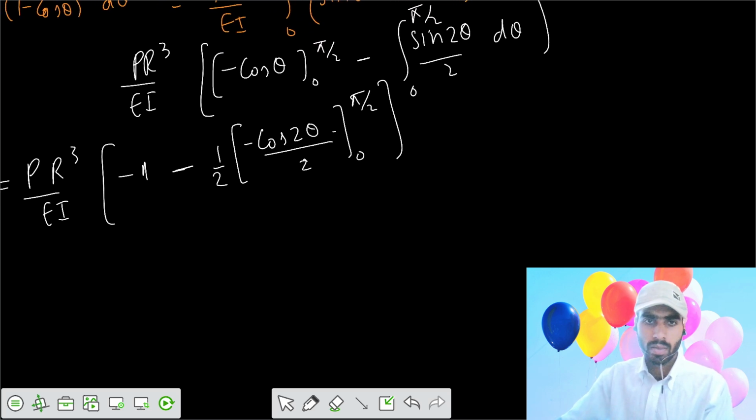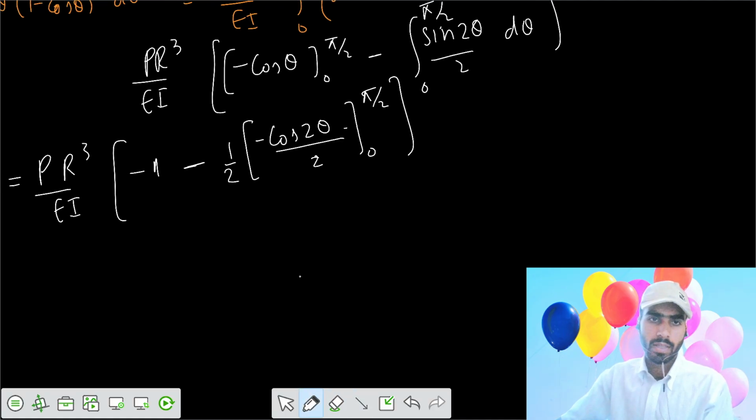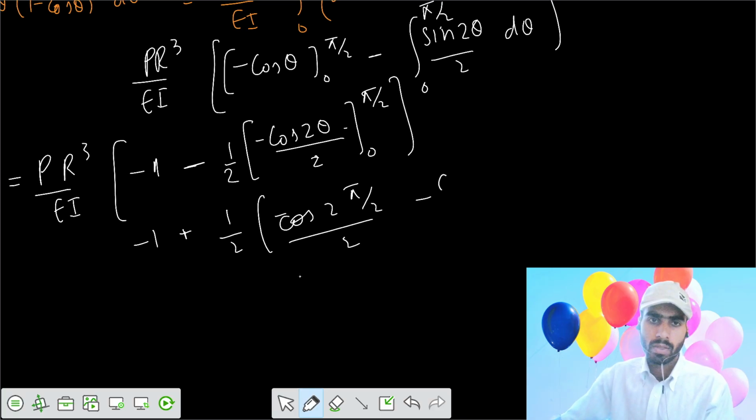Then you substitute the values of theta equals pi by 2, that is minus 1 by 2, minus times, which finally becomes positive. We can write cos 2 into pi by 2 divided by 2, minus cos of 0 divided by 2.